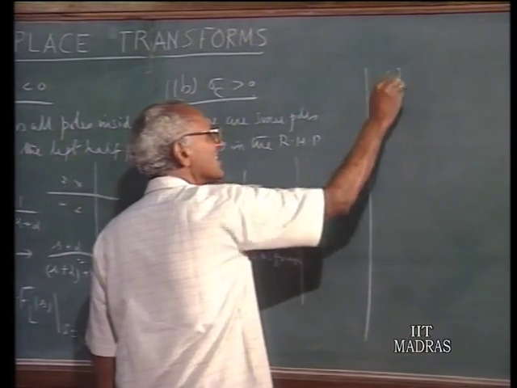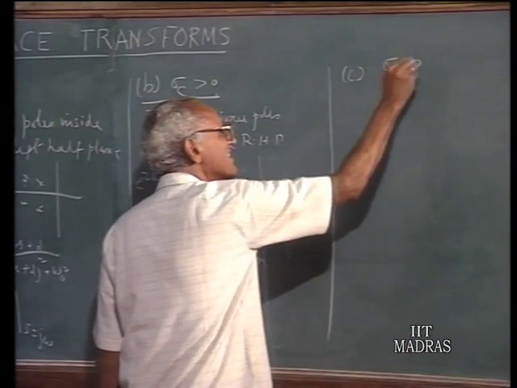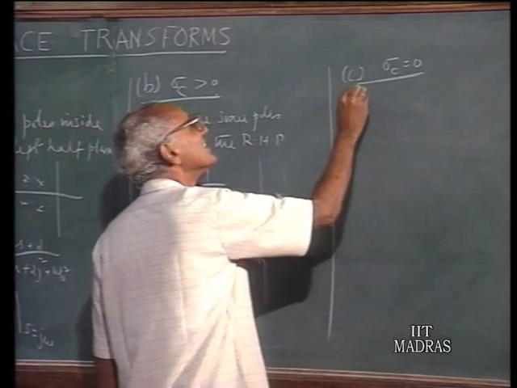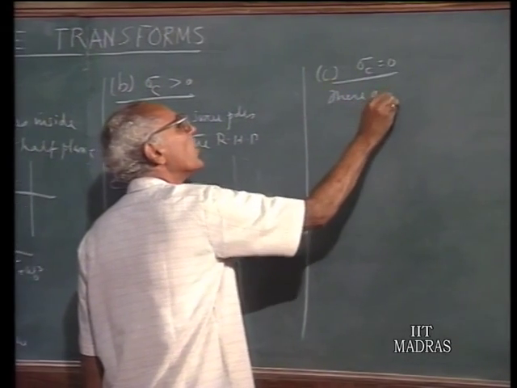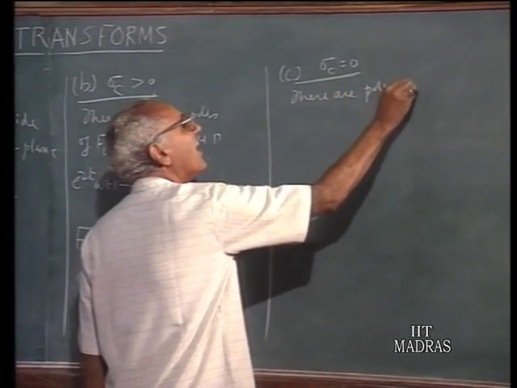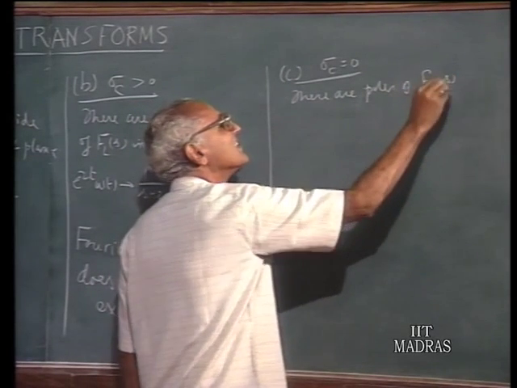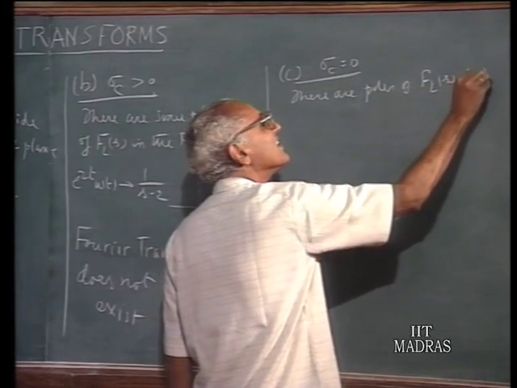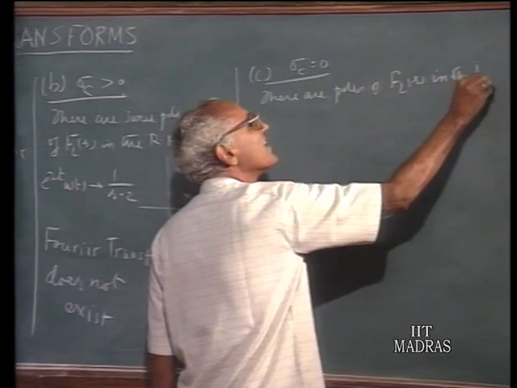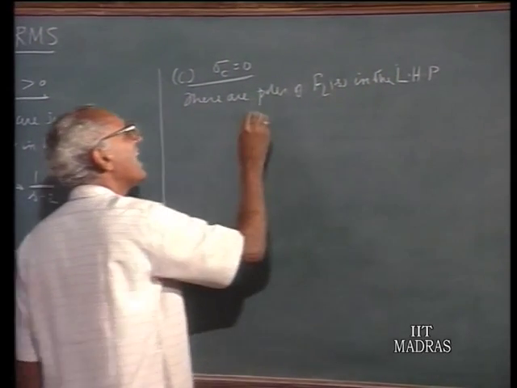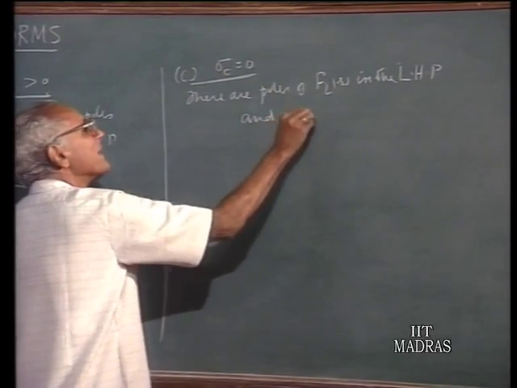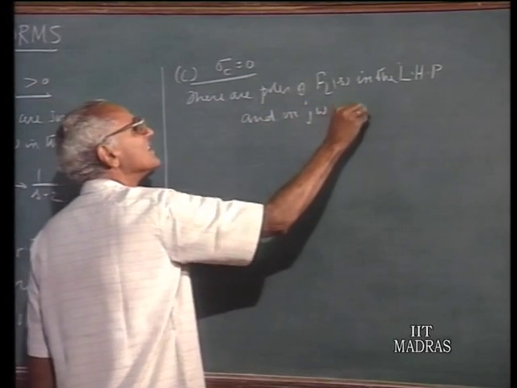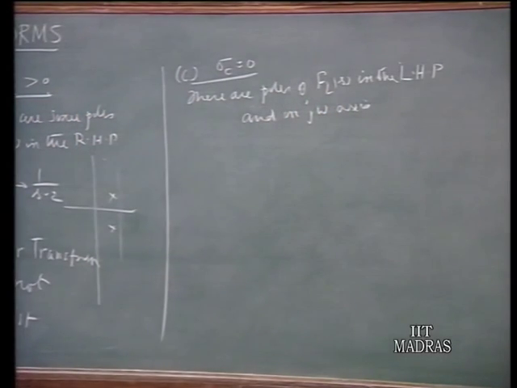The third case will be when the abscissa of convergence is equal to 0. That means there are poles of F L of s in the left half plane and on the j omega axis.